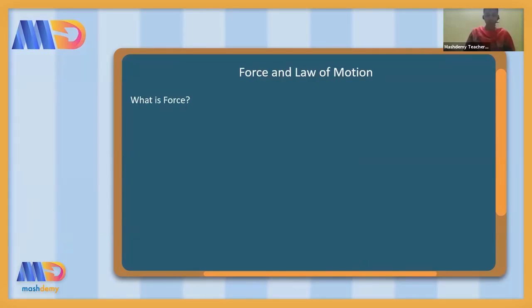We are going to see what is force. In simple terms, we know motion. Let's say there is a car. Can you tell me, is this car at rest or is it moving? Rest, ma'am. So when will it start to move?